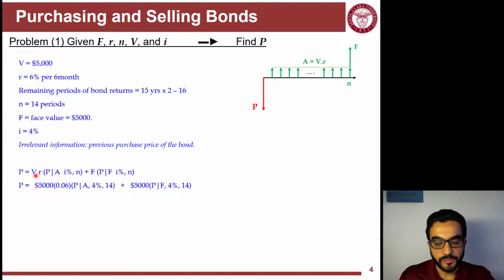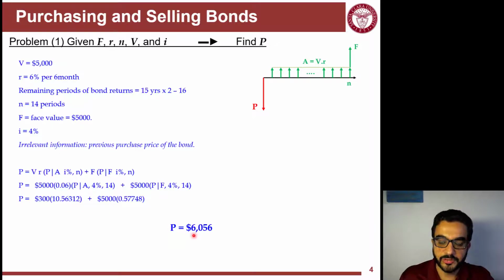We're using the same formula here. Everything is given: V is given, R is given, and F is known. It's 5,000, at the end of maturity. You bring everything to the present by P given A, 4% and 14, and P given F, 4% and 14. You just need to bring the values of the factors and calculate the purchase price, which comes to around $6,050.